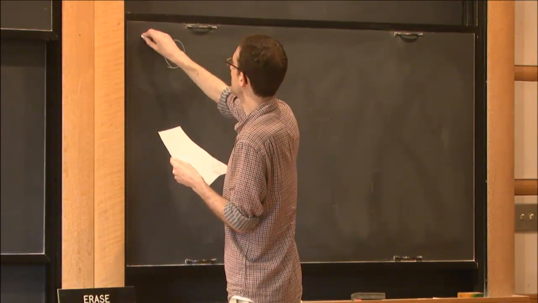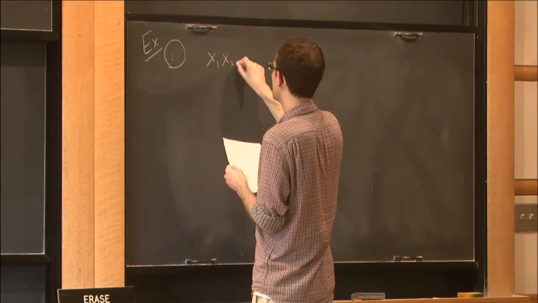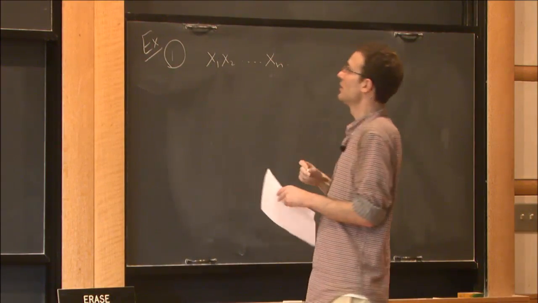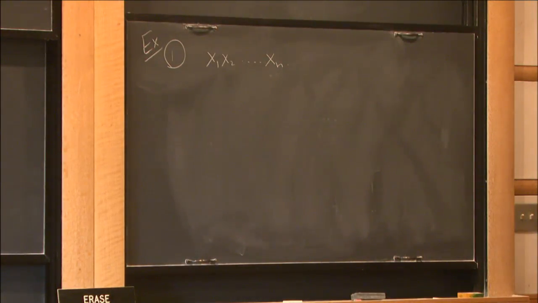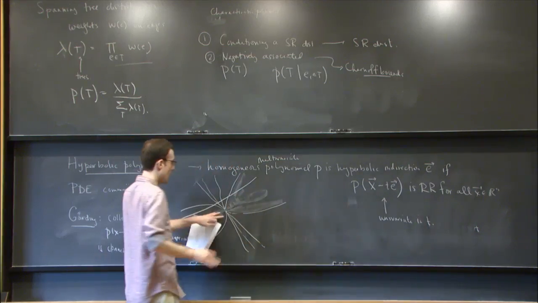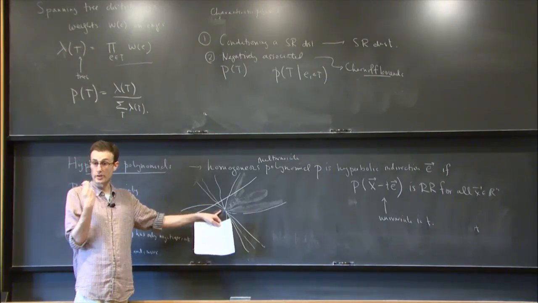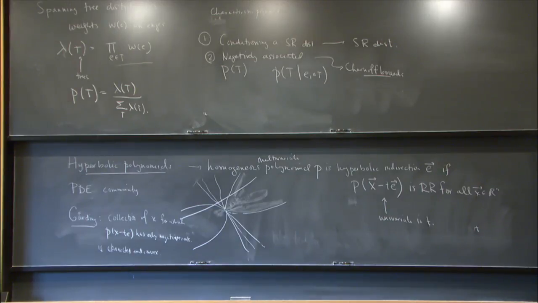Example 1 is the multilinear polynomial x1 through xn. And then your zero sets are actually just the faces of the orthant. And this is hyperbolic in the direction 1, 1.